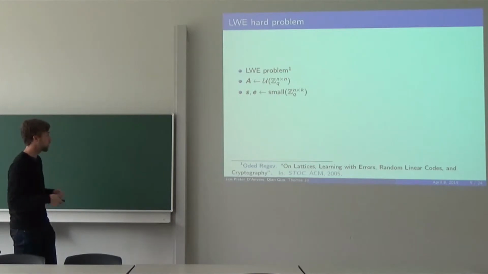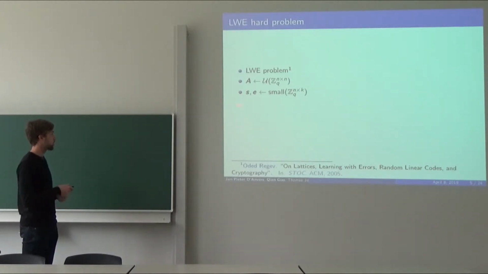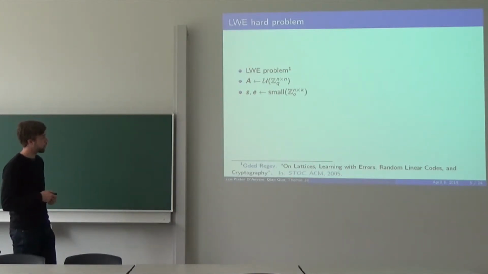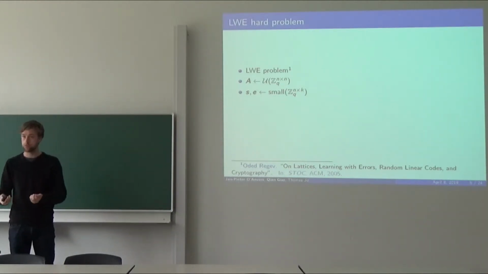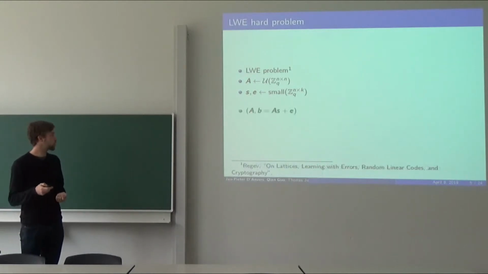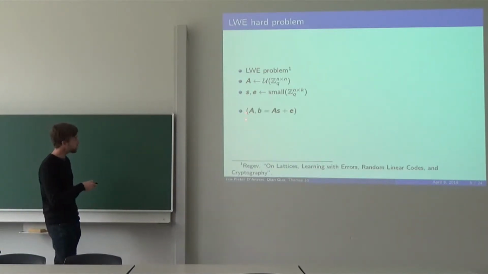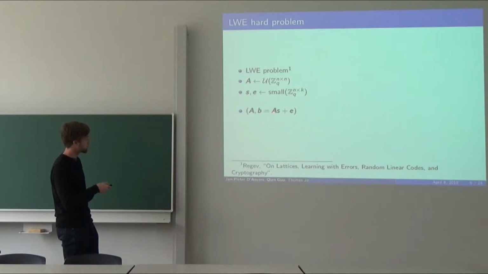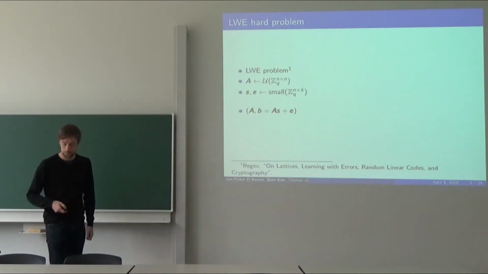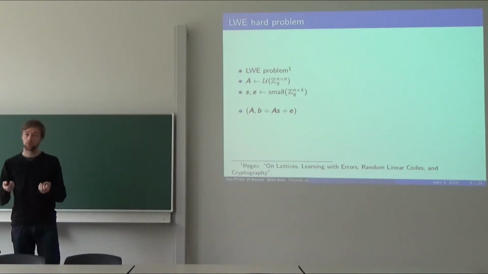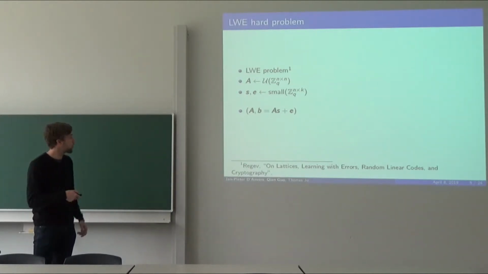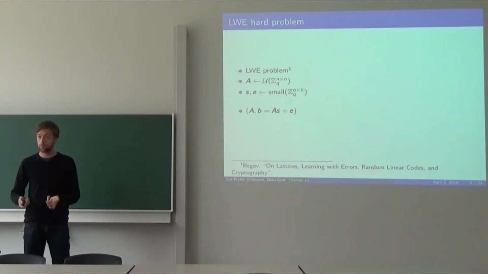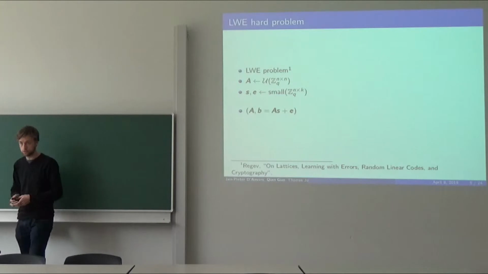What we do is generate a small s and e, and with small I mean the coefficients are from some small distribution. If we now give an adversary the public A and B, which is calculated as B = A·s + e, then it seems to be hard to recover s and e from this. It also seems to be hard to even distinguish this from just a random sample with random coefficients.